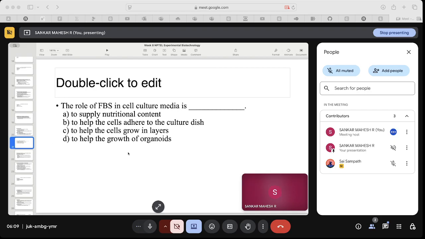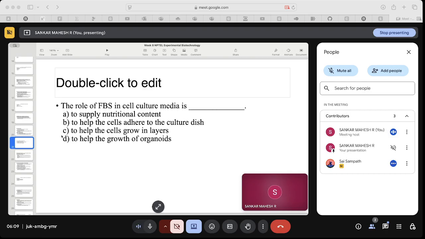Although you mentioned that it helps in providing hormones, it also helps in providing attachment proteins, so the cells adhere to the culture dish. FBS provides proteins that help your mammalian cells adhere to the dishes. That's what you're saying, right? Yes, sir.